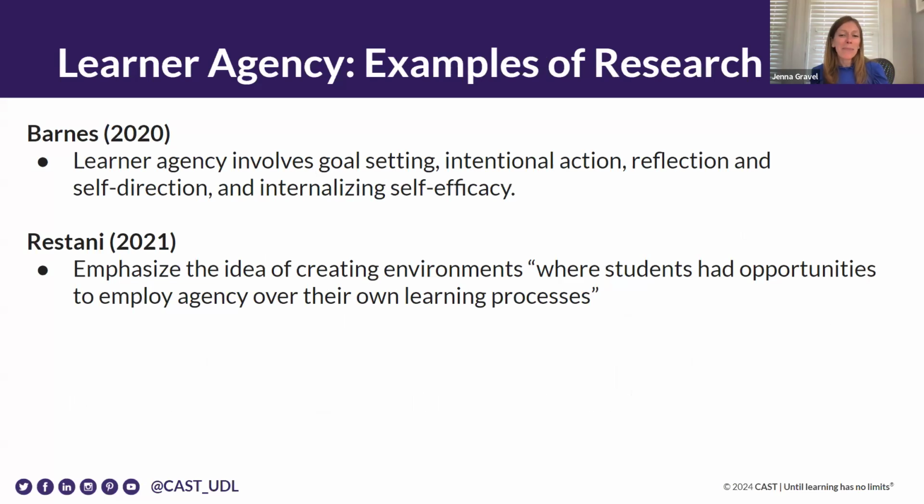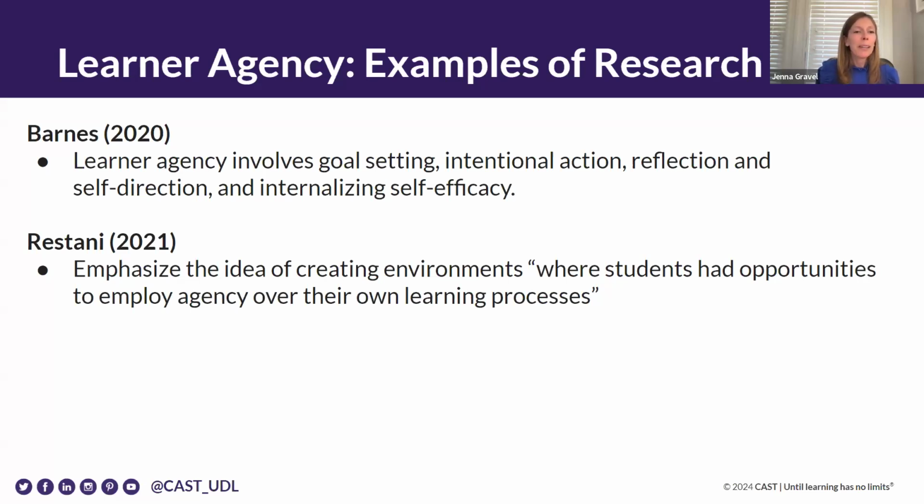And then some examples of areas of research that surfaced during this process and that were really helpful in expanding the idea of learner agency for us. First was Barnes' idea of learner agency as encompassing multiple elements. So Barnes argues that learner agency encompasses goal setting, intentional action, reflection and self-direction, and internalizing self-efficacy.